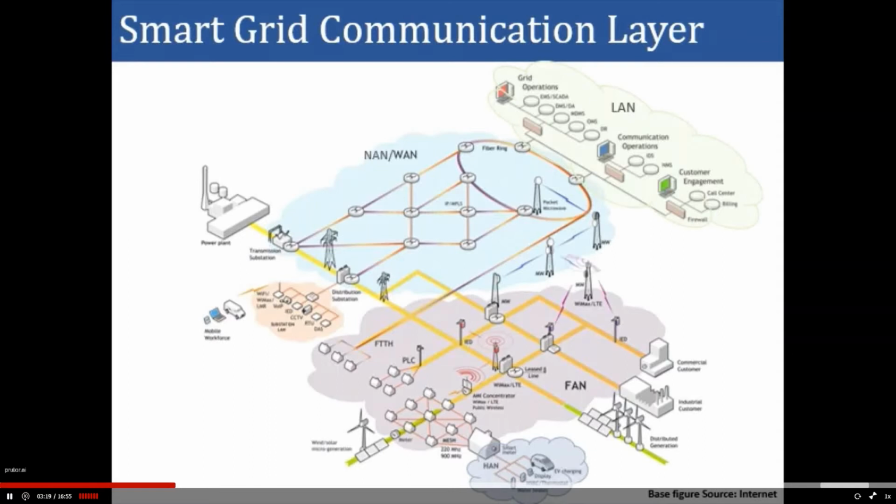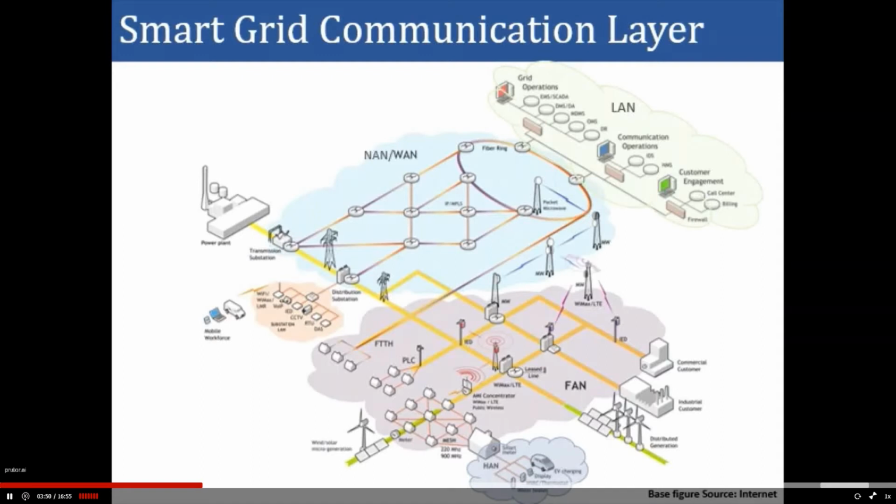Then there are substations also, where we have various substation devices connected, say remote terminal units or maybe intelligent electronic devices which are part of our substation architecture. They will interact with the control center using various communication mechanisms.